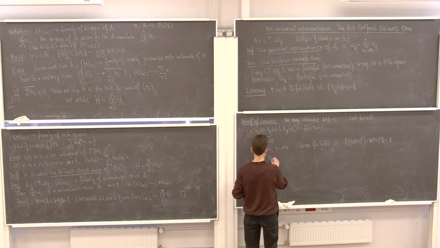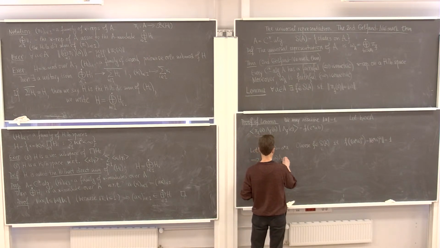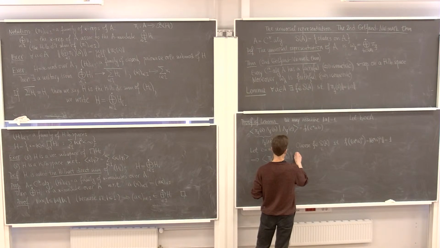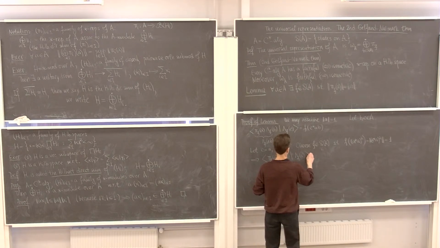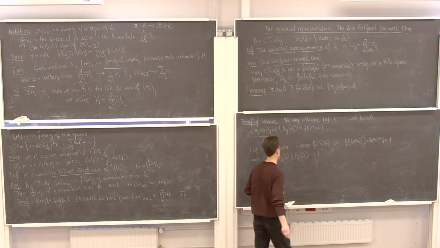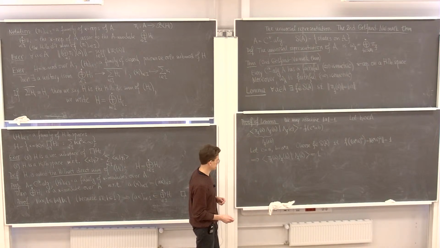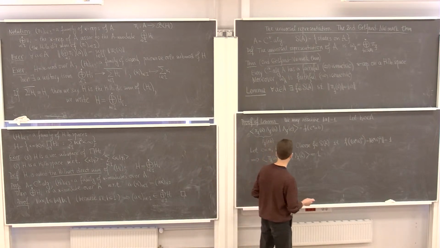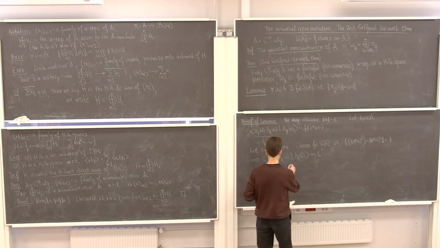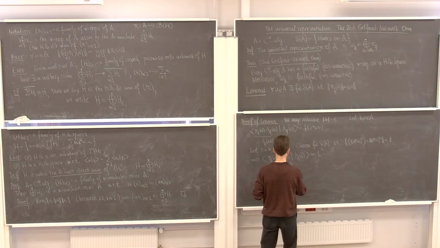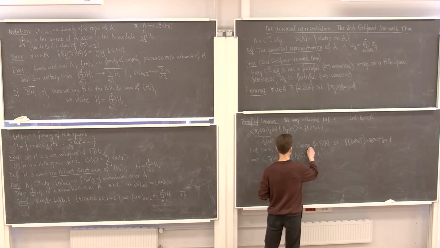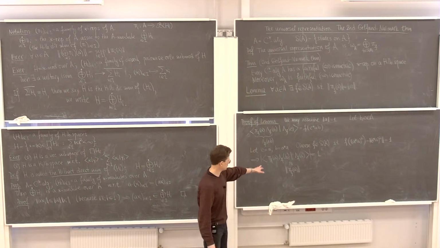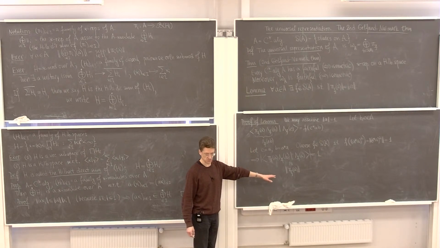Pi f of A, lambda f of B, the inner product with lambda f of C, is equal to 1. But on the other hand, taking the absolute value for convenience, this is less than or equal to the norm of pi f of A, just by the Cauchy-Bunyakovsky-Schwarz inequality.